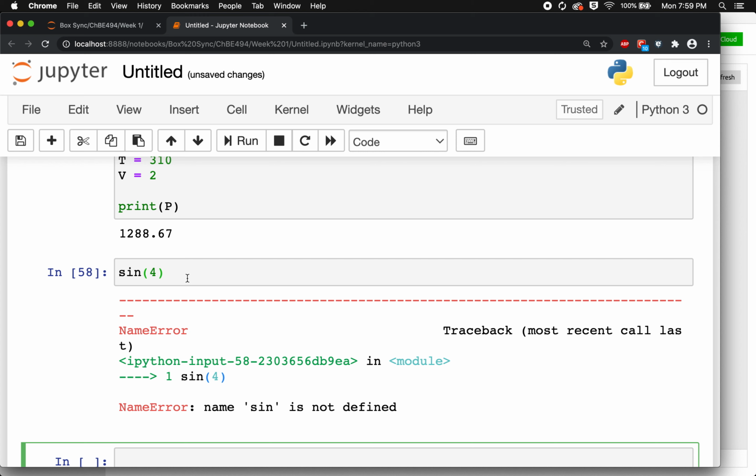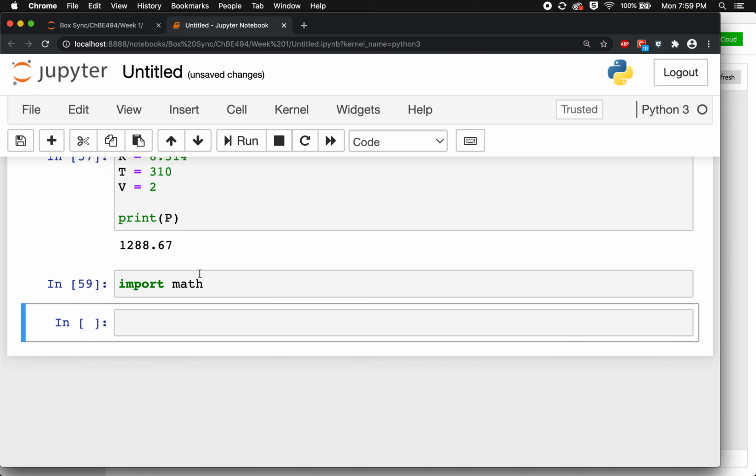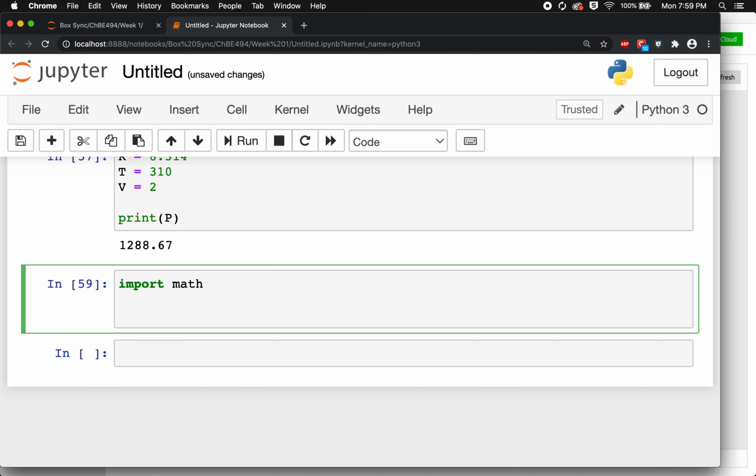It doesn't know what that is. So what we're going to have to do is import a library. We'll use this library initially, but then we'll transition to another one. But let's import the math library. So I'm going to just hit import math. And then what I can do is, if I want to look at the sine, I can say, maybe print.